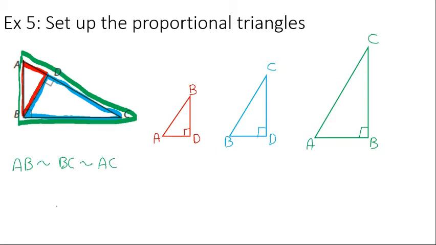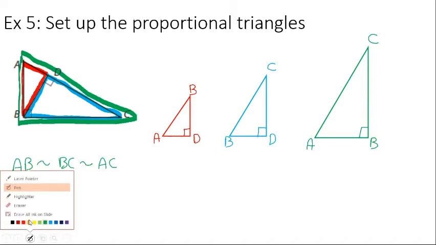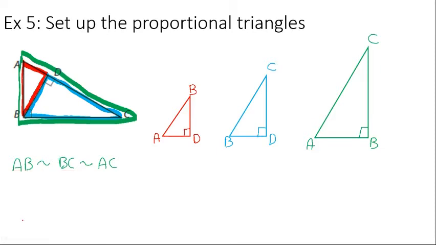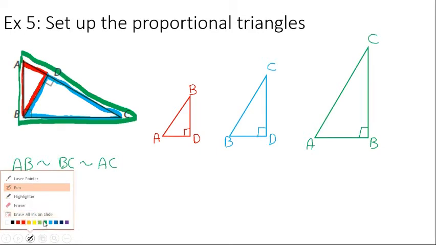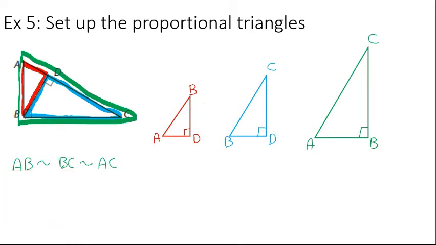Okay, now the other sides that we could use that are similar. So the way we could label it here is like this. So this side similar to this side to this side. Okay, the next ones, these two are similar.